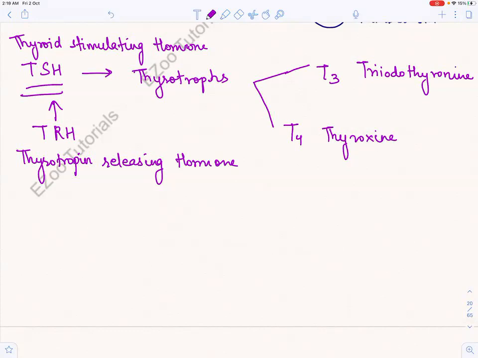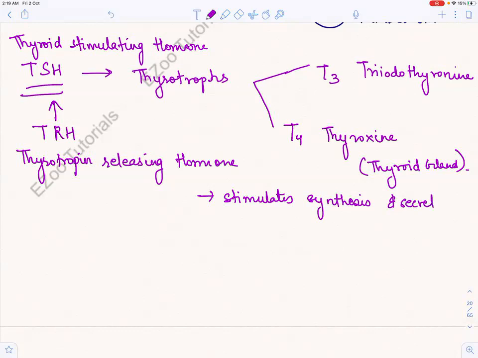Both are produced in the thyroid gland, right? So basically it stimulates the synthesis and secretion of what? Of thyroid hormones by the thyroid gland, right?